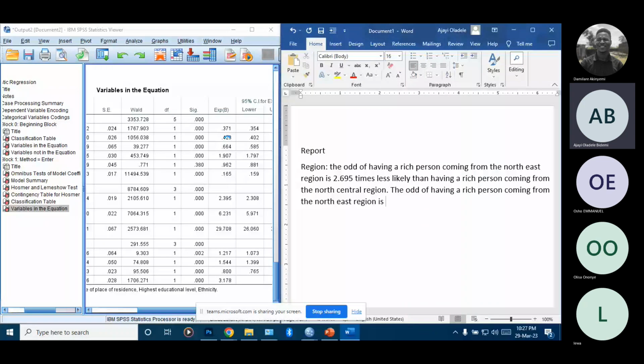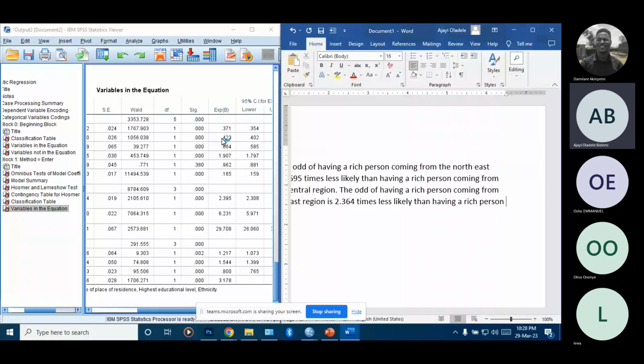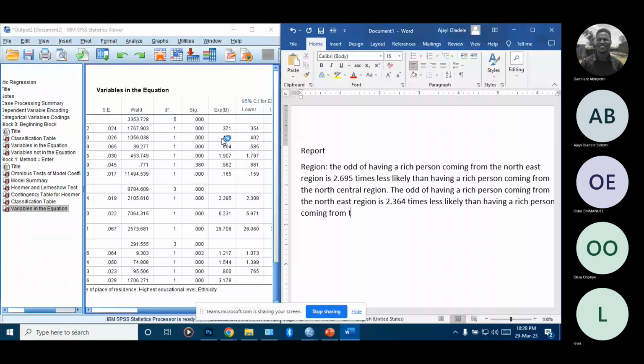You divide 1 by it, like 1 over 0.423, which is 2.364, so 2.364 times less likely than having a rich person coming from the north central region. So that's how you go about interpreting it.